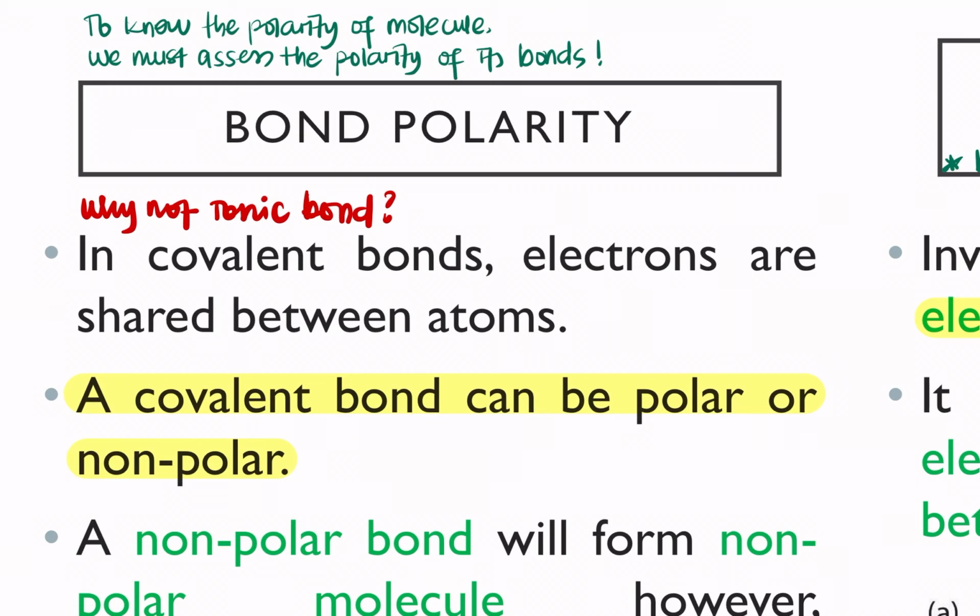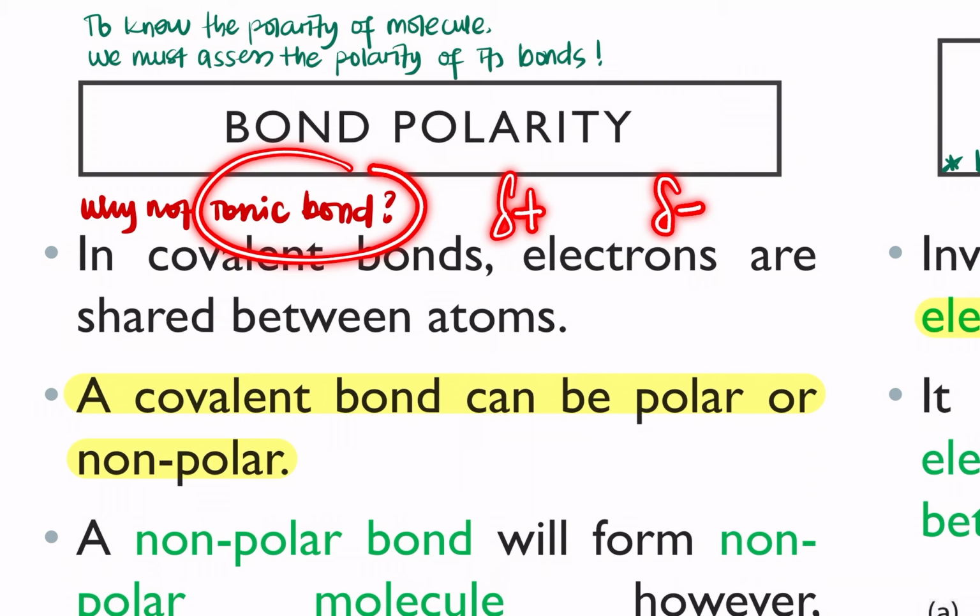We are going to look at covalent bonds because in covalent bonds, your electrons are shared between your atoms. That means you will have a partially positive end of the bond and a partially negative end of your bond. Why not ionic bond? Your ionic bond is definitely between opposite charges.